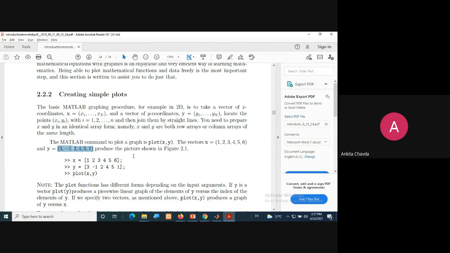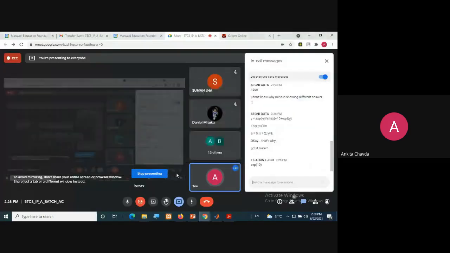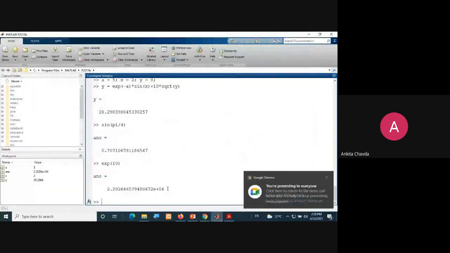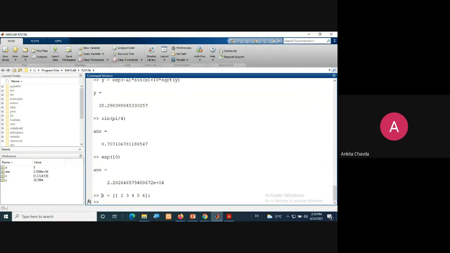Okay. So first, if I write the values into square brackets, it is known as a one-dimensional vector. Or you can say a one-dimensional array. So you are just giving these 6 values to your one-dimensional array, that is x.